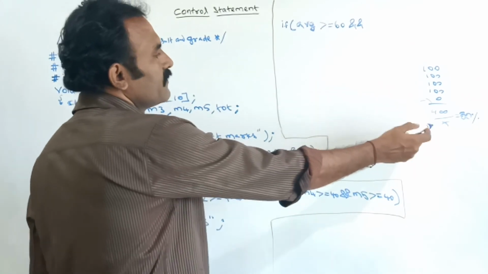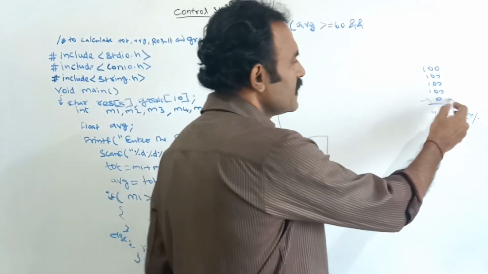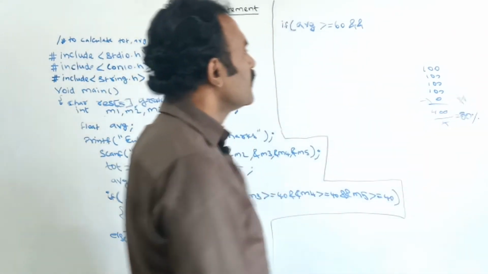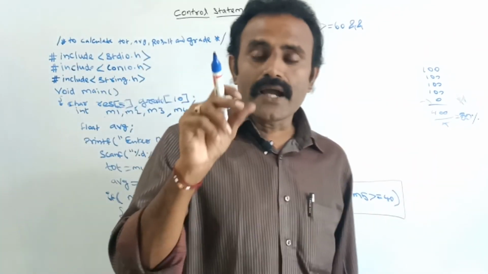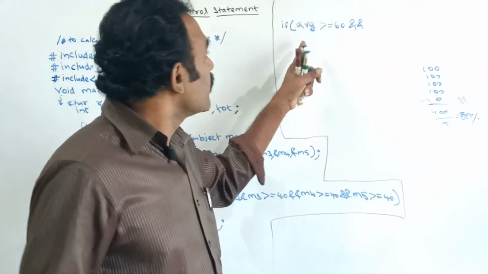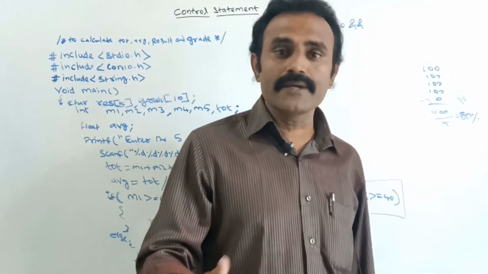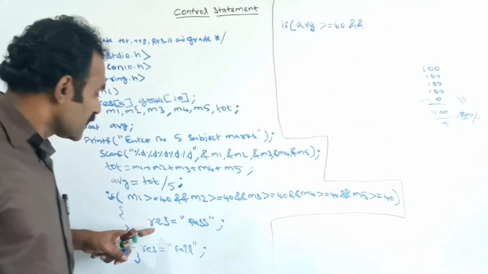So we can't give the class for this student because he has failed in one subject. So here we should check both conditions, because both should be true. See here, average marks also should be greater than or equal to 60. At the same time he should have the result pass.